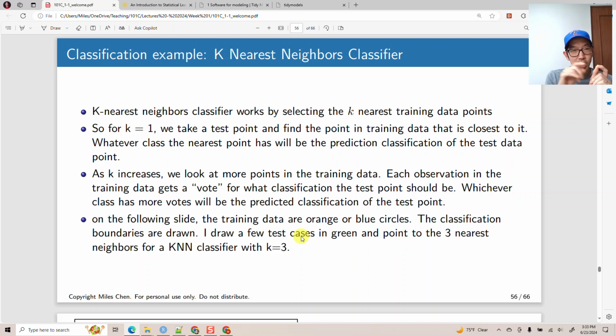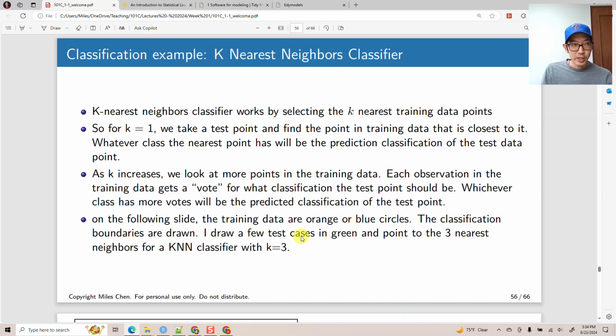You look for the observation that is most similar to your test point. Here we're assuming we have two-dimensional training data, and we're going to use Euclidean distance. So the observation that is closest to my test case is the one we look at.